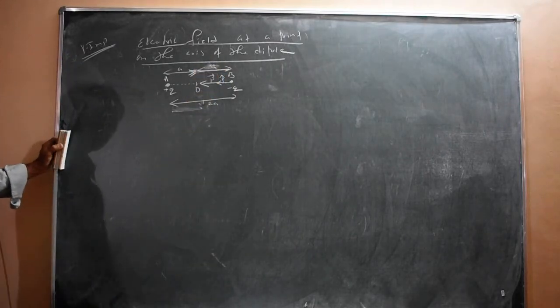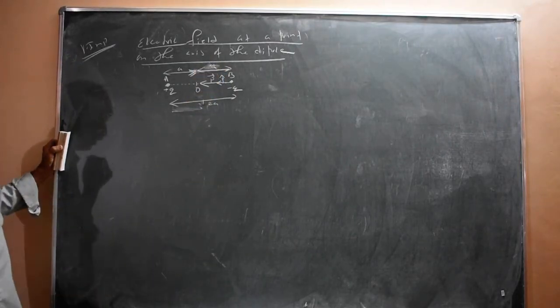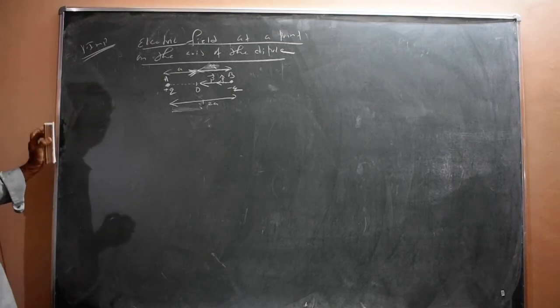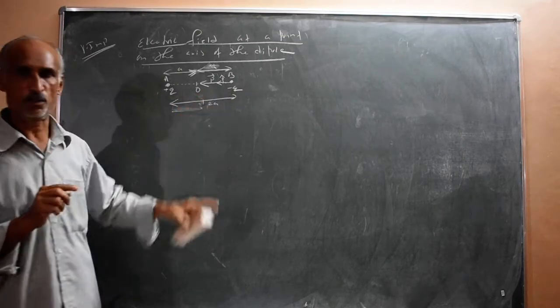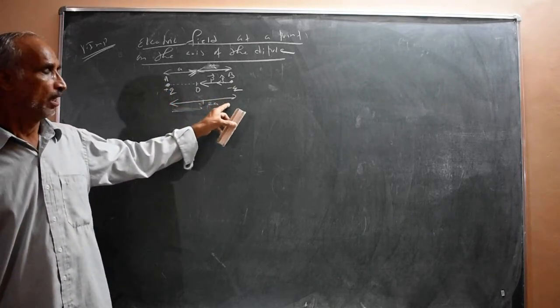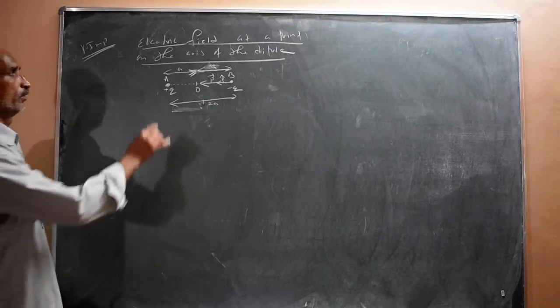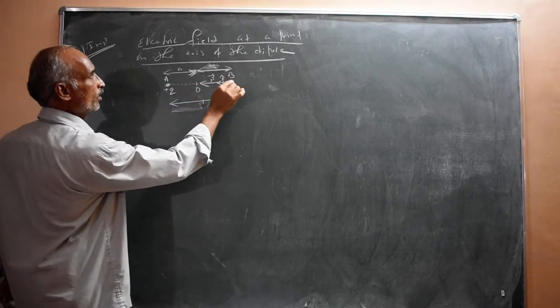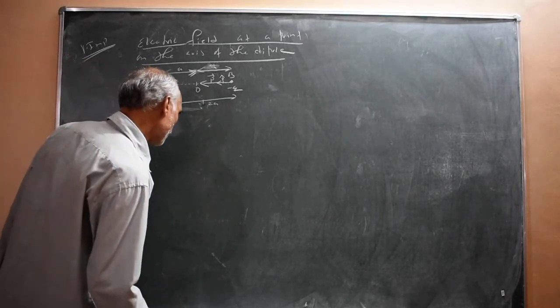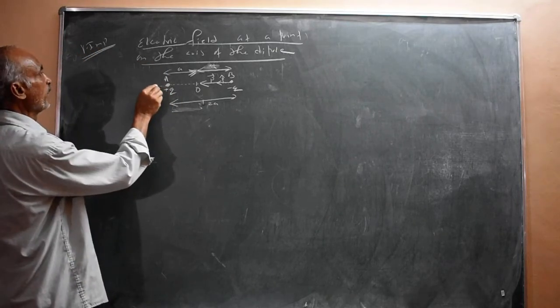Now I would like to assess the field of the dipole. Field due to this system of charges plus q and minus q, which are separated by a distance 2a, at a point on the axis of the dipole. This is the axis, no? The line can be extended, and the axis can be extended.